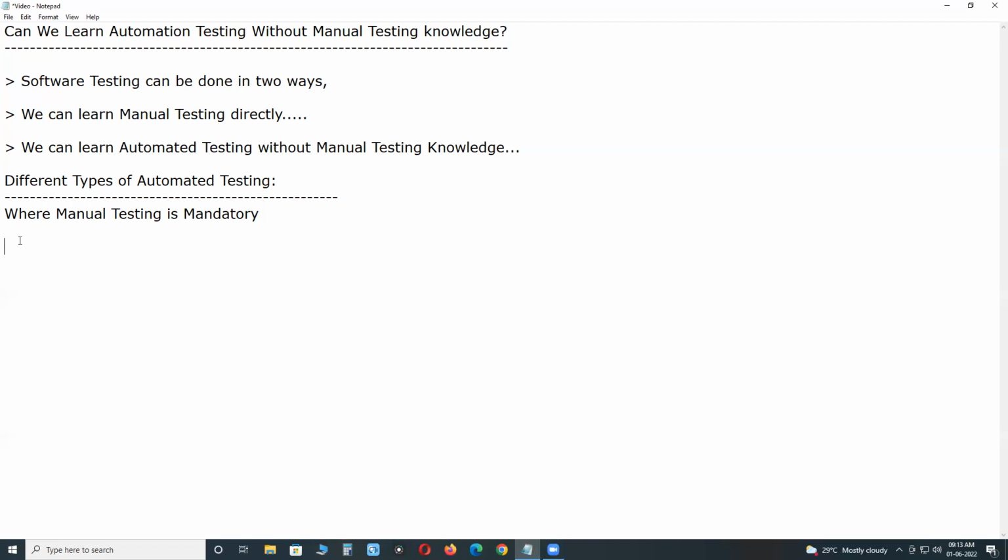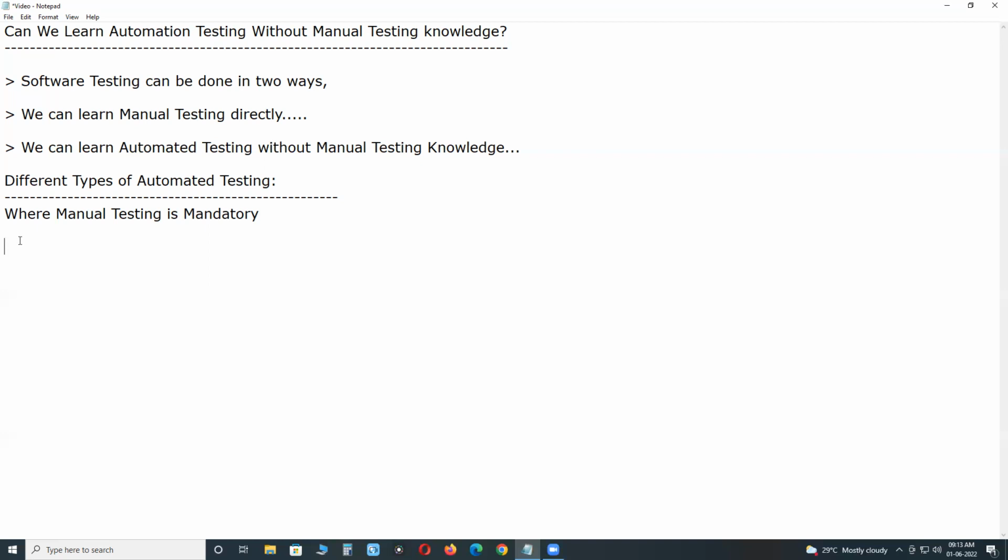Mandatory, or not mandatory but best practice. For example, performance testing. In this area, automated testing is, I think, mandatory. Manual testing is impractical. Why? Suppose you want to apply a 5,000 users load on your application.